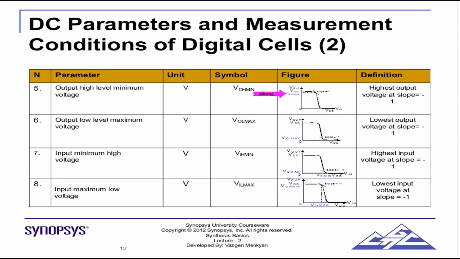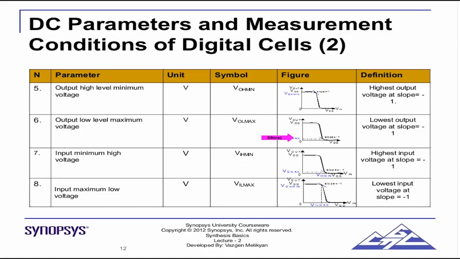The nominal value of voltage when the output is high is VDD, as we discussed in the previous slide. VOH min represents the minimum value of the voltage when the output is high. Similarly, VOL max gives us the maximum value of voltage when the output is low. The nominal value of voltage when the output is low is 0 or VSS. This is the maximum value.